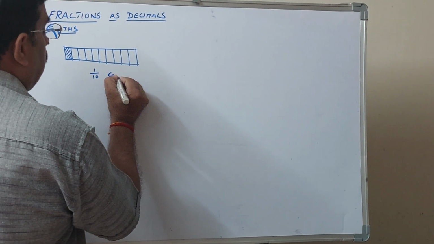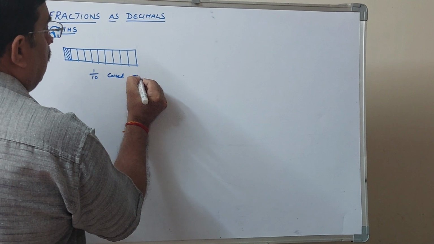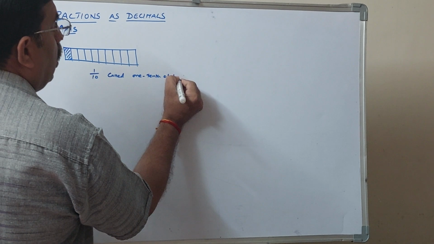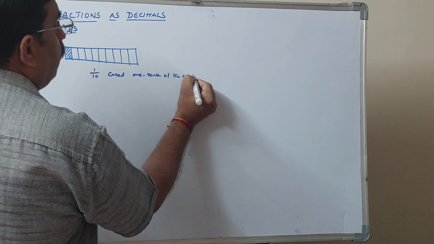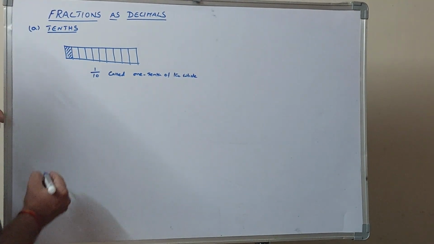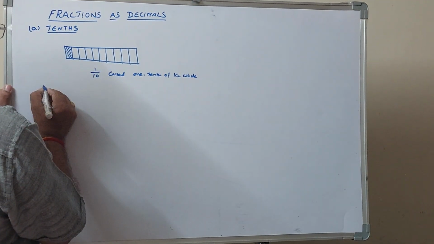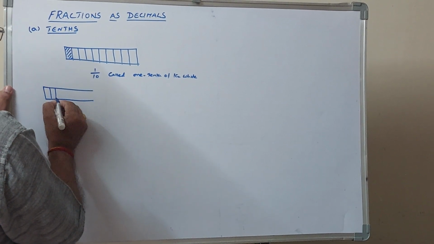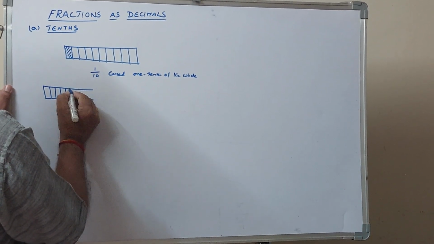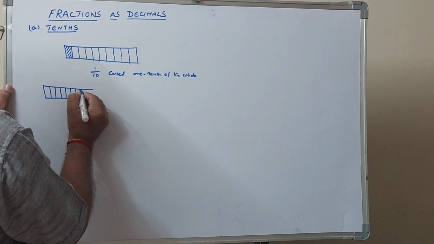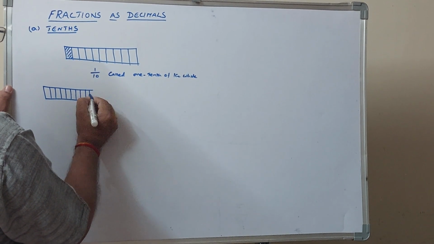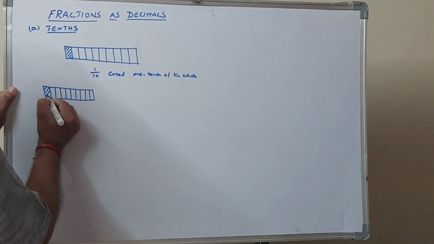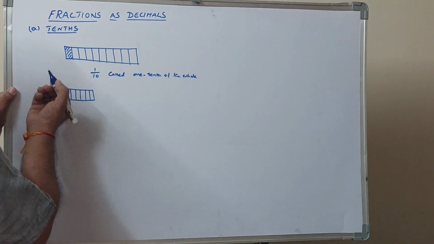This is called 1/10 of the whole. Okay, if I shade 2 units like this, out of 10 equal parts, how do you represent it as a fraction?